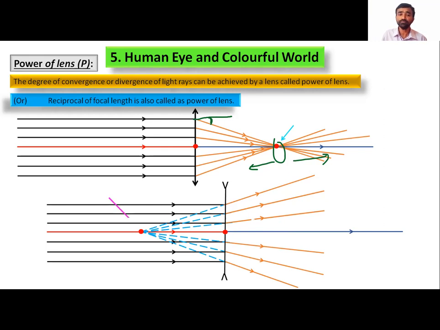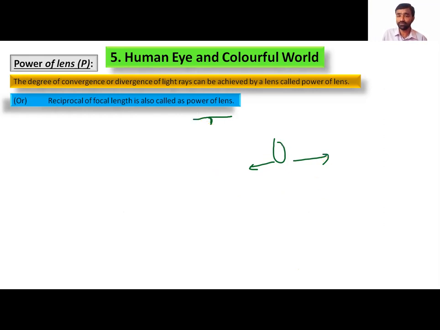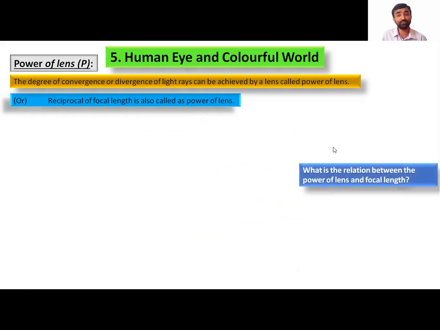Next, we need to give its relation. What is the relation between the power of a lens and the focal length? I have the definition I gave you here: the reciprocal of the focal length is the power of a lens.